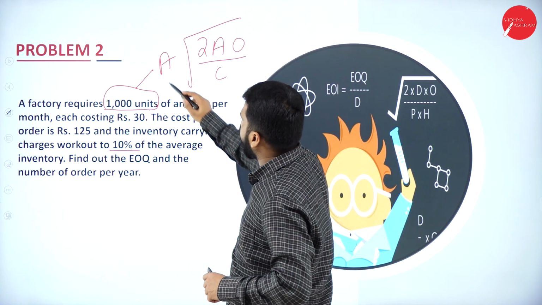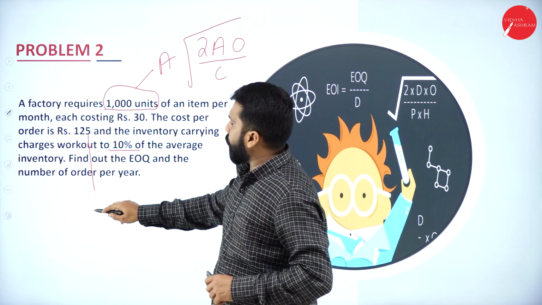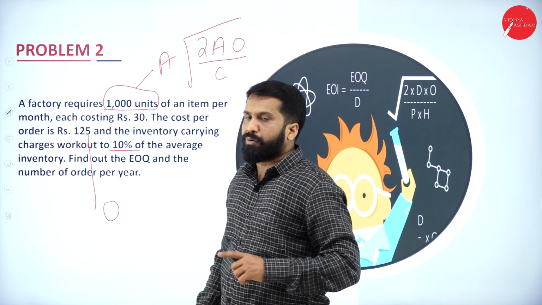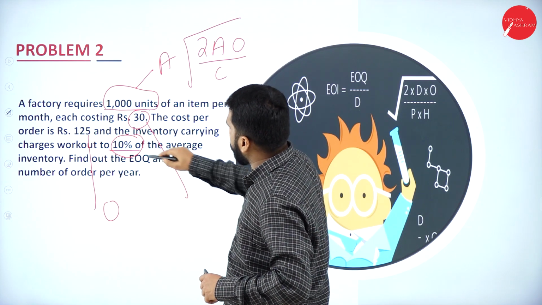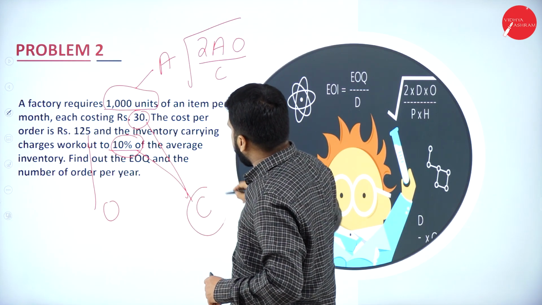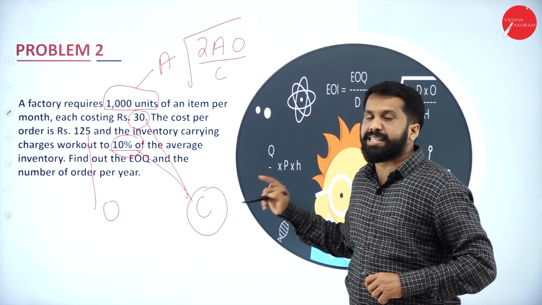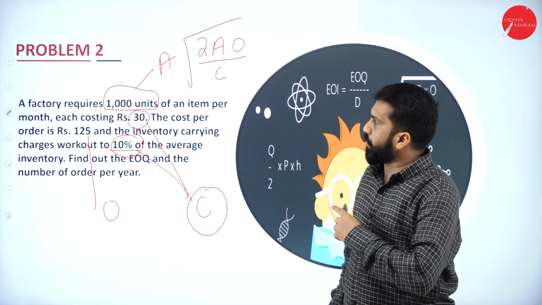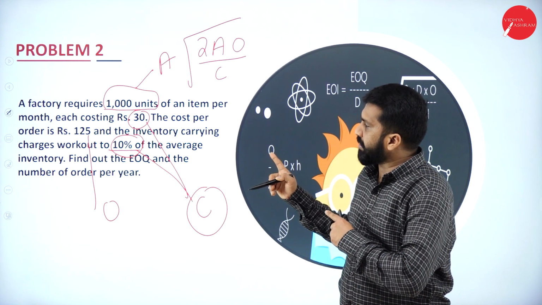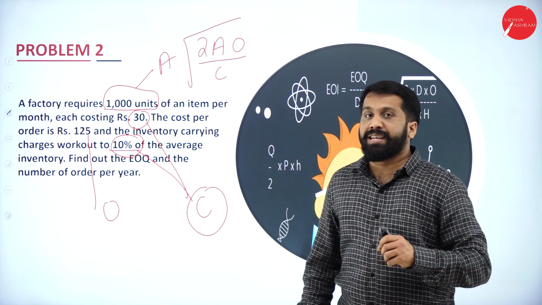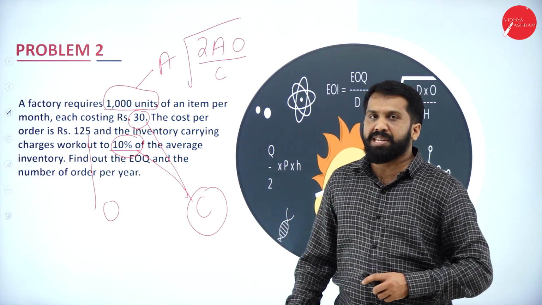In this, what is A? This is A. What is O? Your O is 125. What is C? Your 30 and 10%, both together we call C. We got A, we got O, we got C. These are your information. Once you understand what A, C and O are, it is easy to calculate your EOQ.